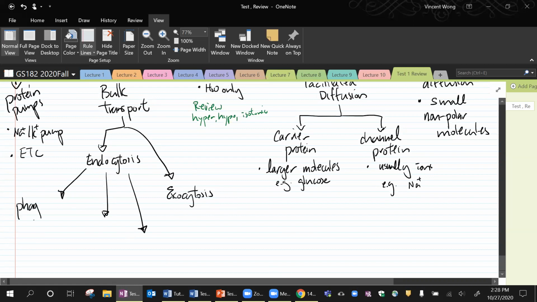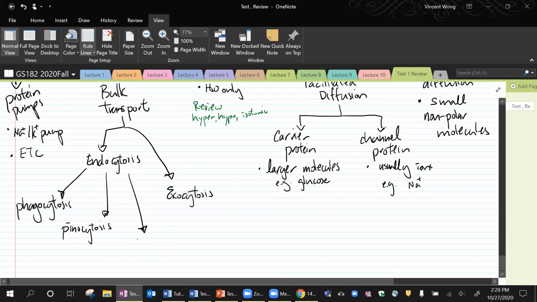Phagocytosis is taking in some kind of solid particle, like eating a bacteria. Pinocytosis is taking in liquid primarily. There will be some dissolved ions too, but the main goal is to take in liquid. That happens in kidney cells, and it's also how infants absorb milk in their digestive tract.